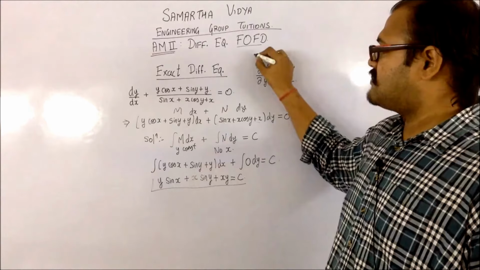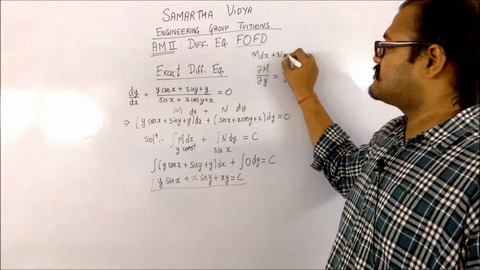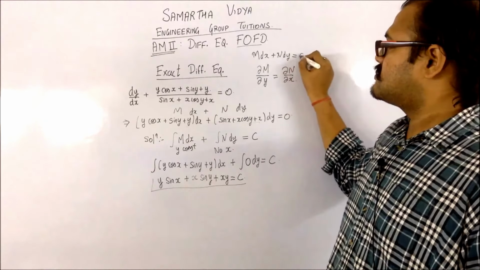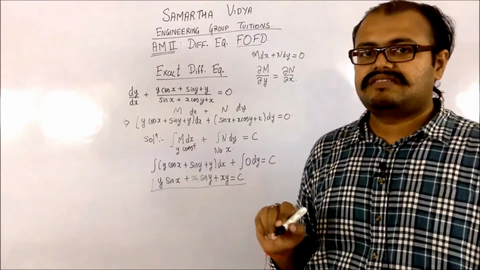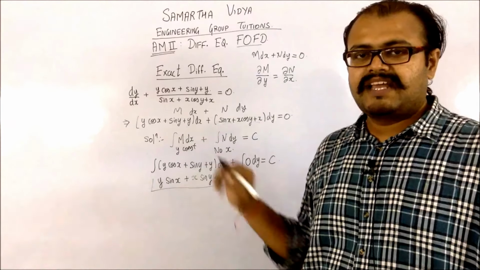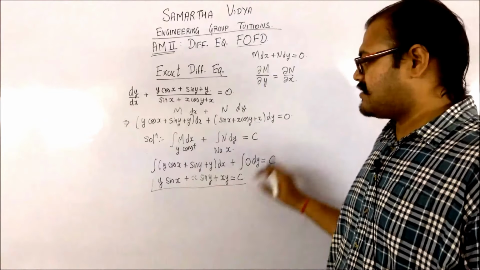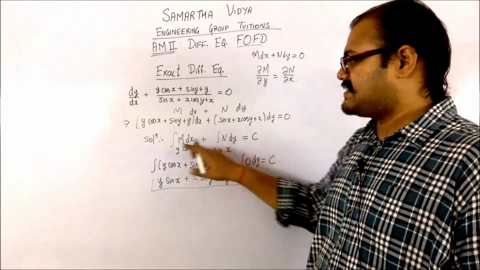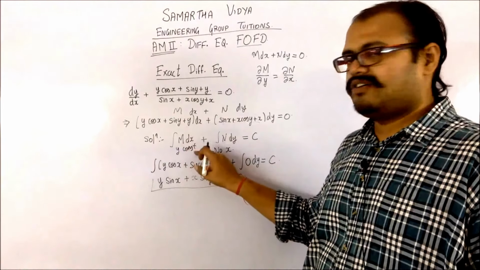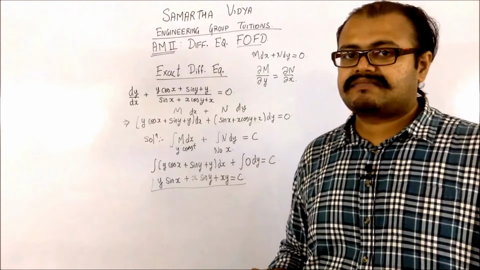And before this, you have to bring it down in the terms of m dx plus n dy is equal to 0. Then you will be checking your exact differential equation condition. Once you have proved that it is exact, then you can go for the formula, that is integration of m dx with y constant plus integration of n dy with no x.